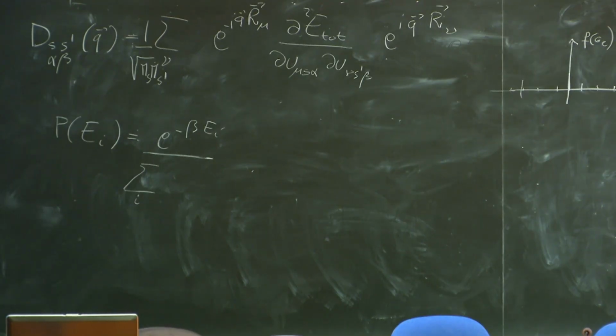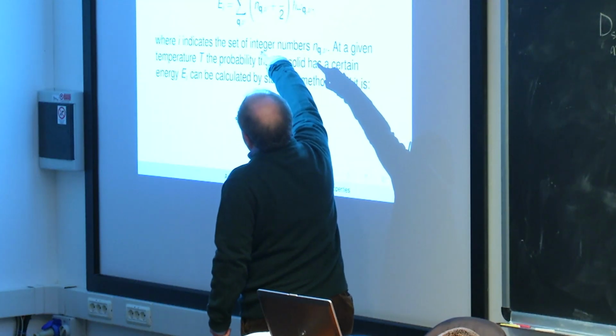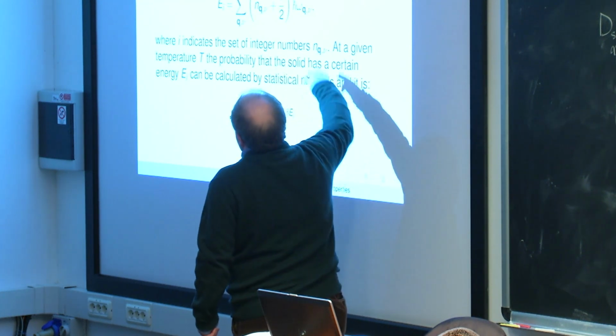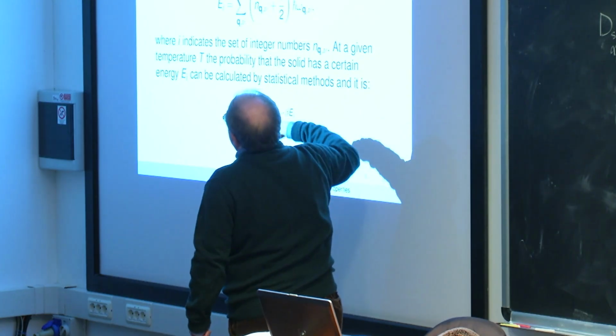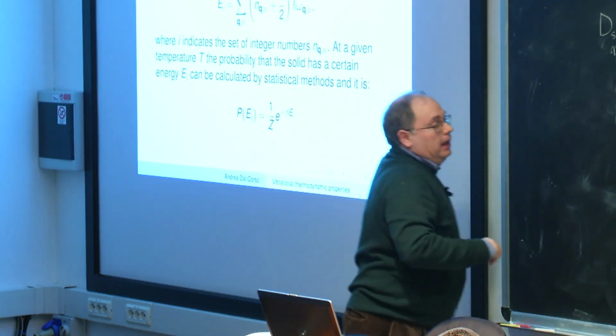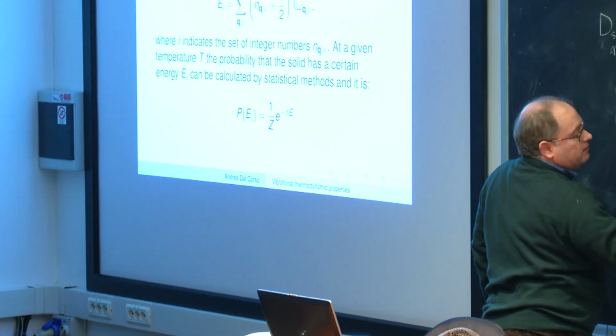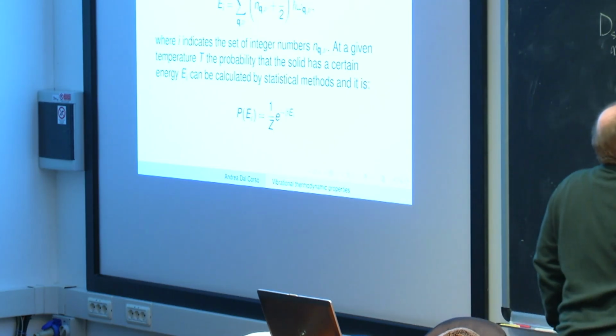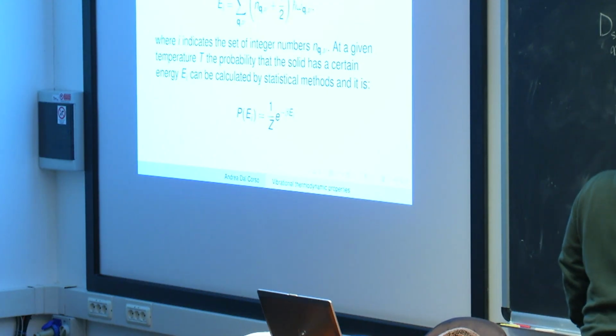All possible states are given by that integer number n there, that, for a harmonic oscillator, goes from 0 to infinity. And here you have to do this sum of e to the minus beta ε_i. This sum is called the partition function Z, where this beta, which depends on temperature, is 1 divided by the Boltzmann constant multiplied by T.